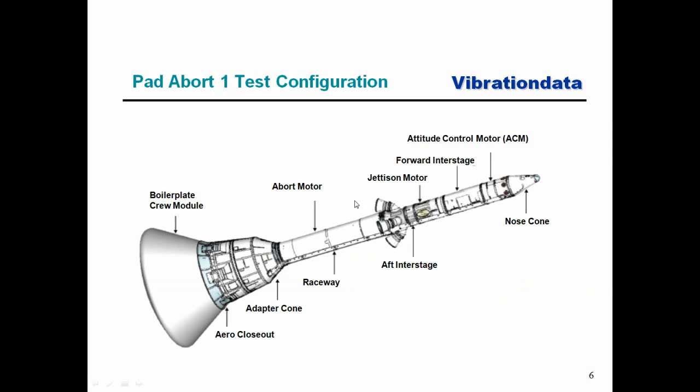And here's just a diagram. So we have for the pad abort test, there was a boilerplate crew module, aero closeout, an adapter cone. The raceway houses electronic cables, the abort motor here. And then it's interesting, these 4 nozzles for the abort motor, this requires a thrust reverse, or I should say a reverse of the exhaust flow.